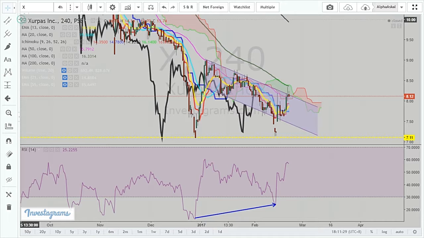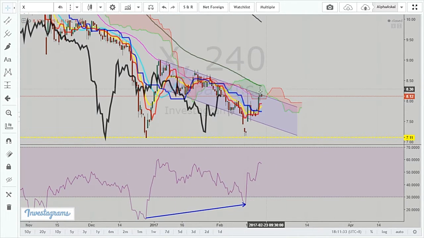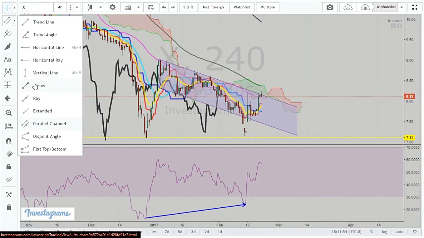So I would use Ichimoku Cloud. For Ichimoku Cloud, we are right inside the Kumo. So this is the resistance that we're talking about. So we're right about here. We're just waiting for it to move outside the Kumo.